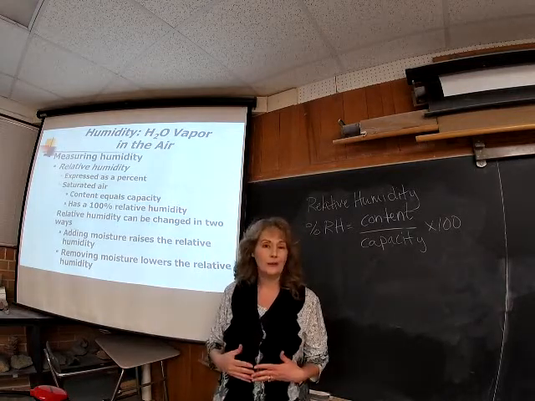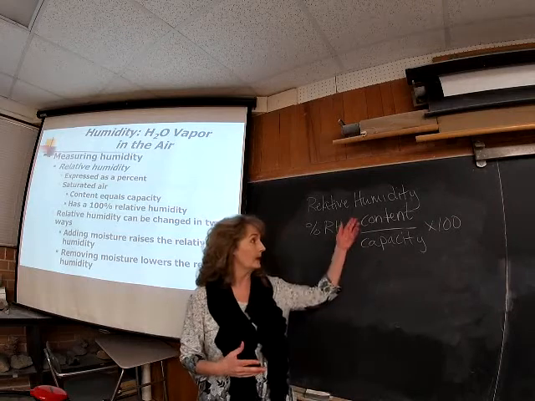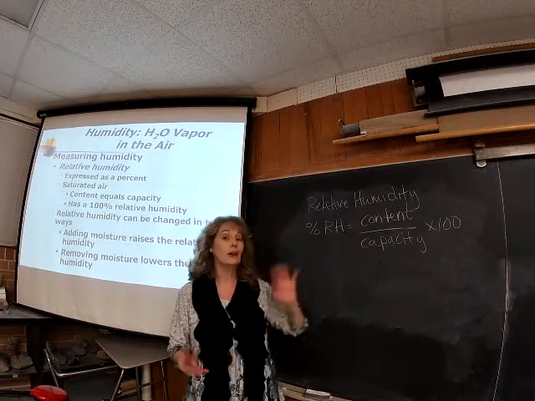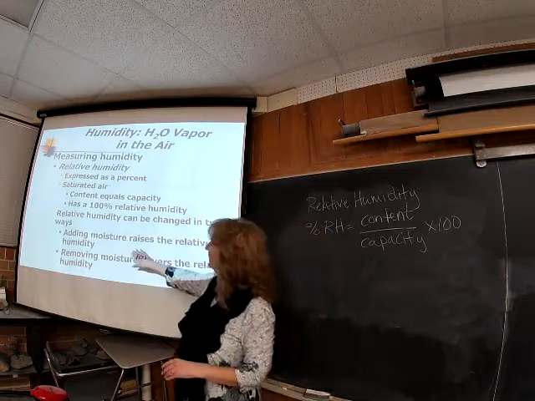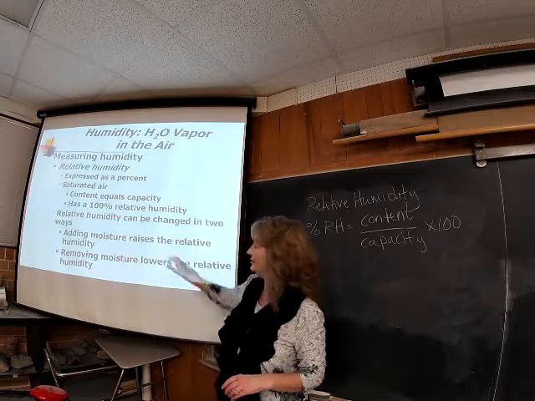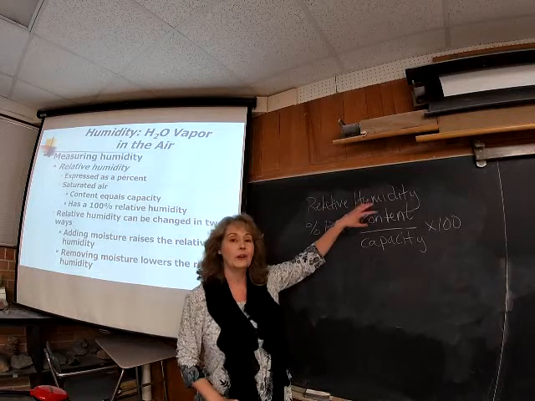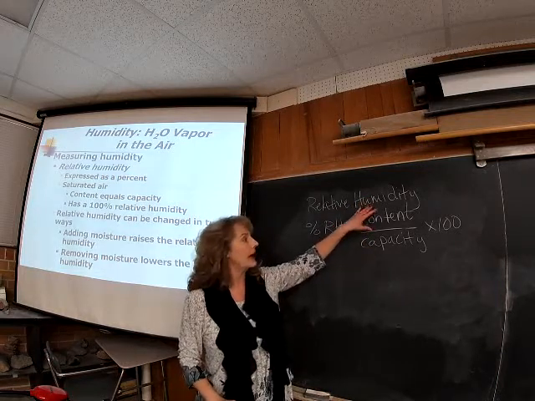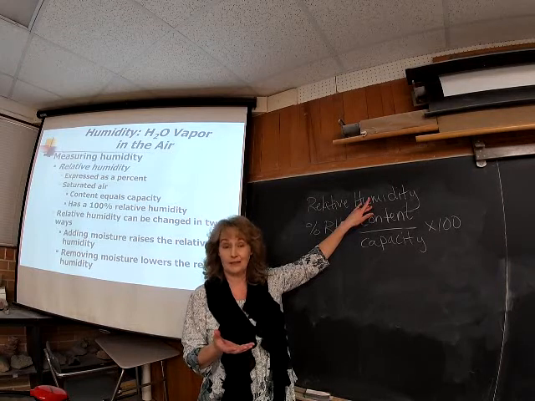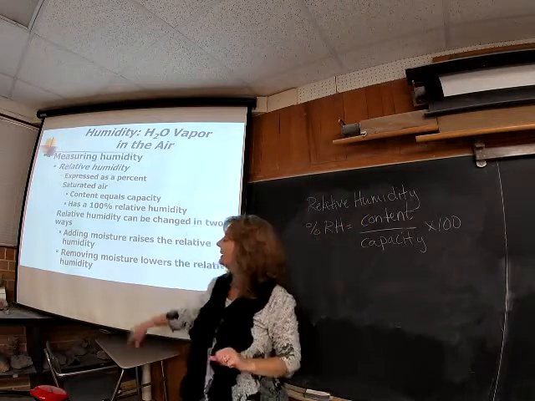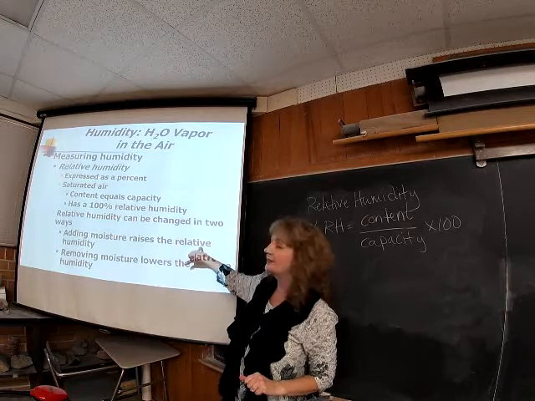So how can we change relative humidity? Well, a couple of ways, right? We've got a couple of variables here, and we can change this in a couple of ways. So one way is, well, what if we added more moisture? We added more content, our capacity stayed the same, but we added more water in, okay? That would actually increase your relative humidity, right?